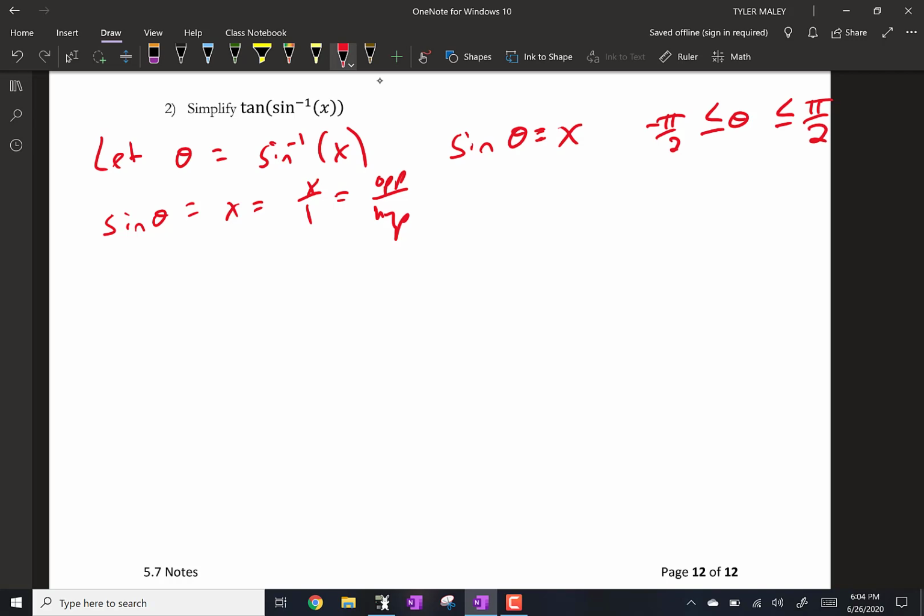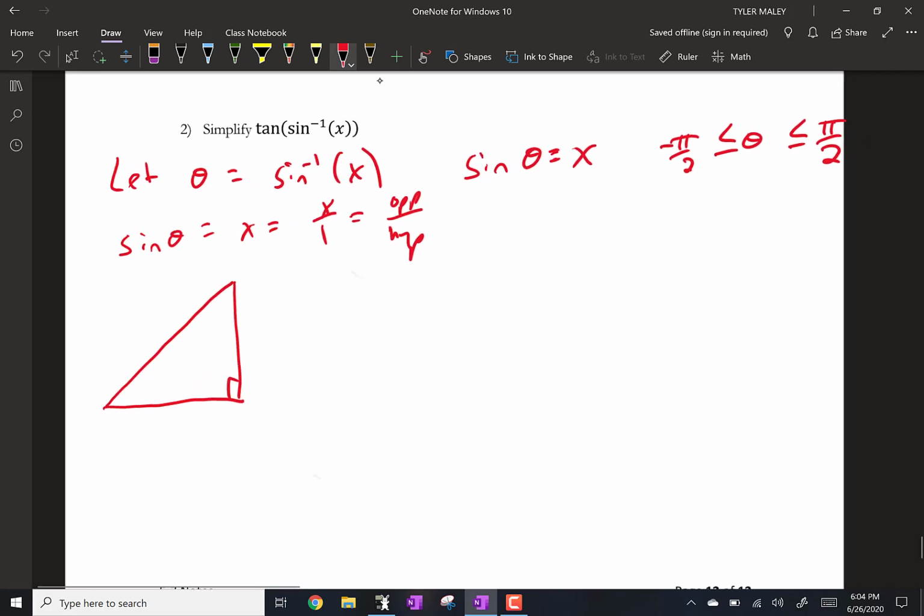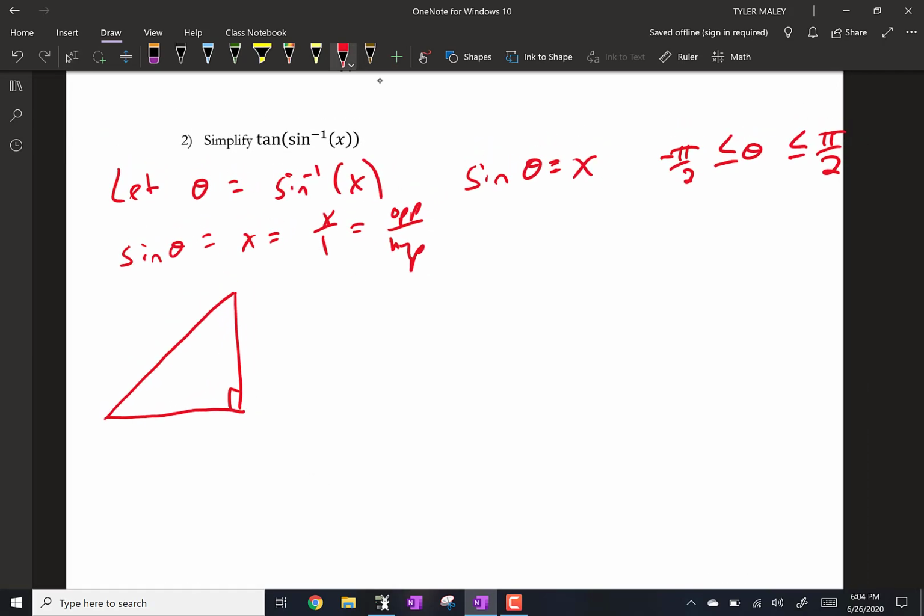So let's see. Let's assume that x is positive, right? So if x is positive, that means sine's positive.